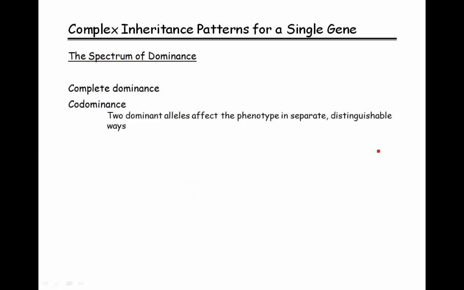Another type of dominance is what we call codominance. When we have codominance, there are two dominant alleles, and they affect the phenotype in separate, distinguishable ways. So this means that if you are heterozygous for those two different dominant alleles, you would see the effects of both of them. A good example of codominance is blood types.